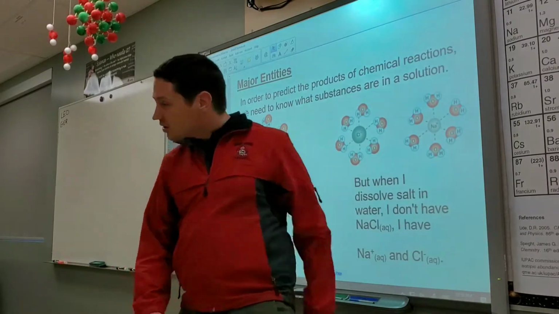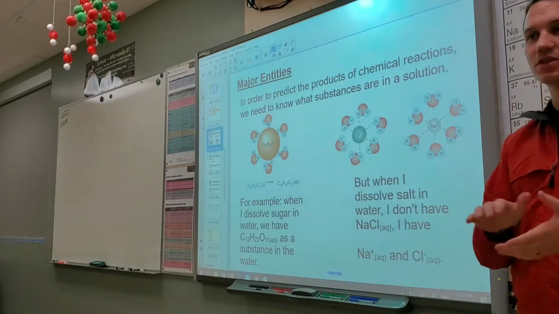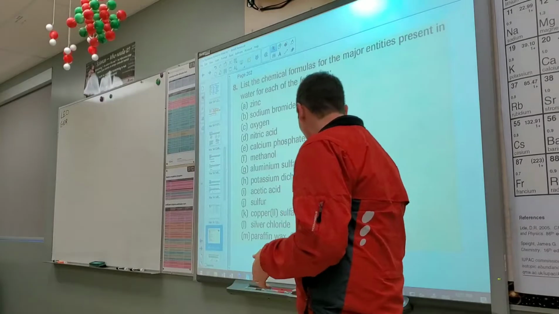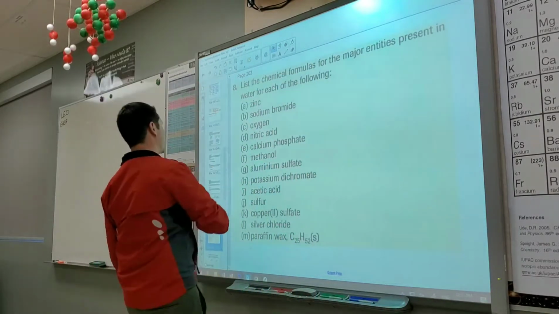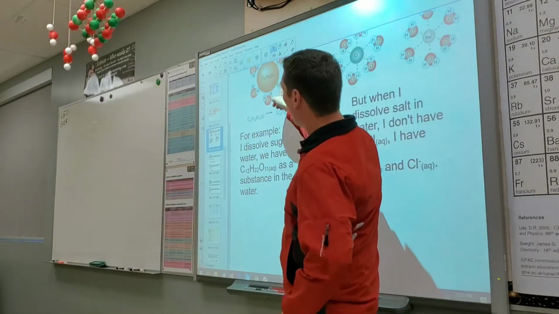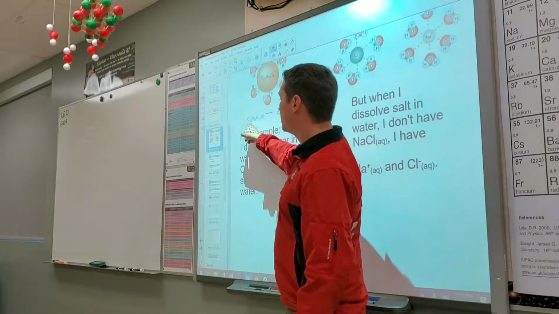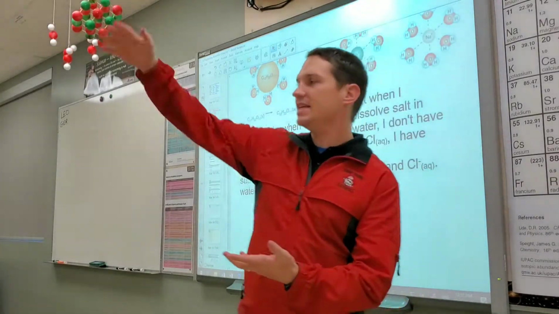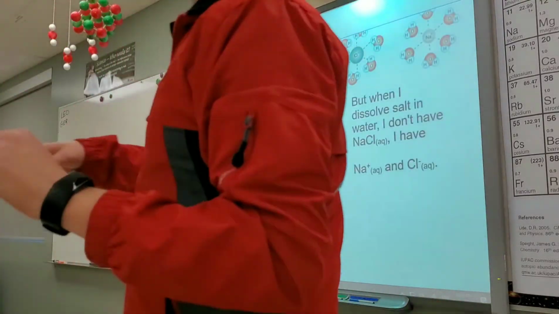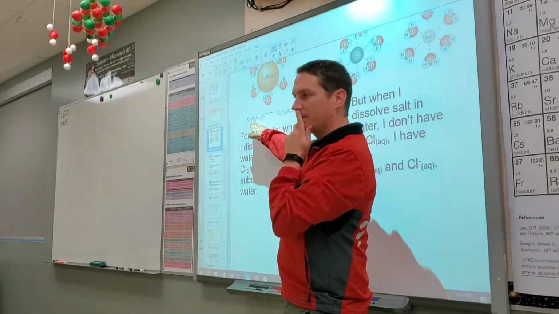Okay, in order to predict the products of chemical reactions, we need to know what substances are in a solution. So, for example, when I dissolve sugar in water, does the sugar ionize? Do the C's in C12H22O11 break off from the H's, and do the O's break off from the C's? No. This isn't ionic.